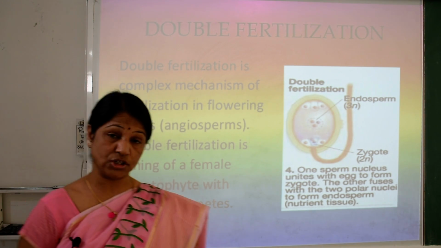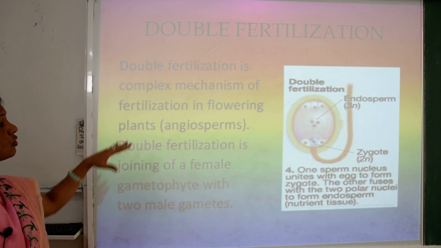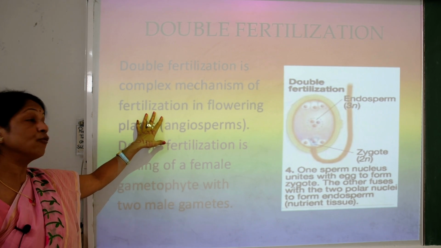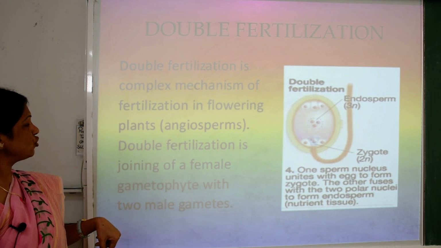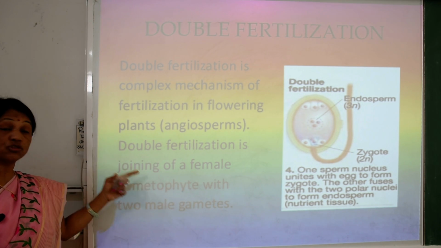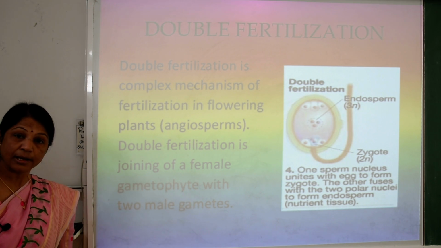Double fertilization is a complex mechanism of fertilization in flowering plants and angiosperms. Double fertilization is the joining of the female gametophyte with two male gametes.